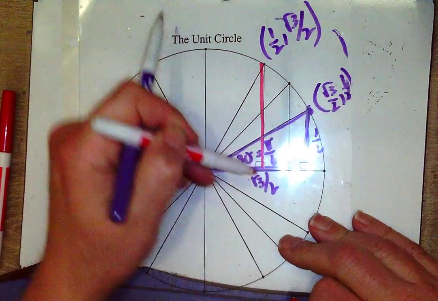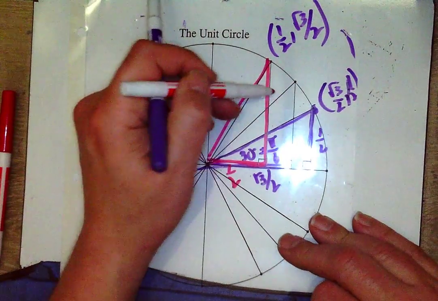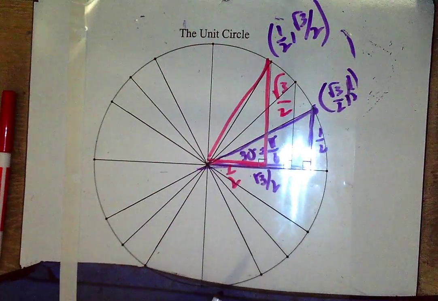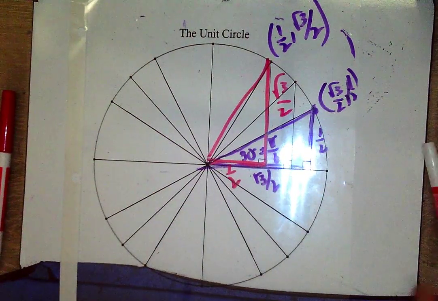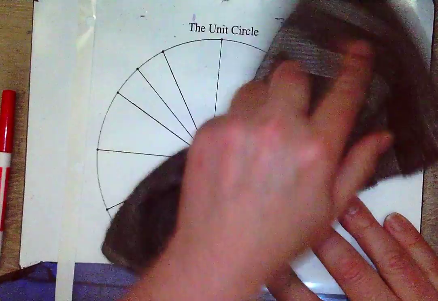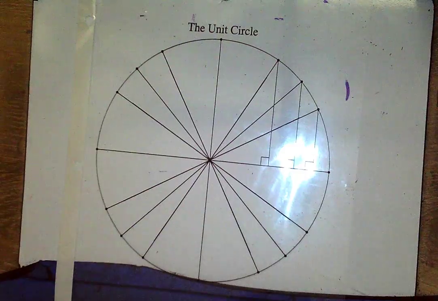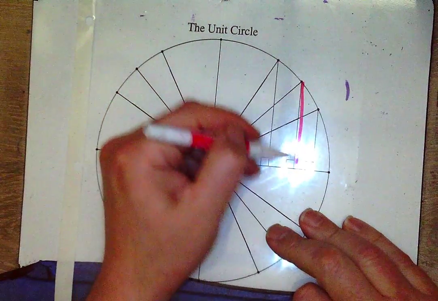Or, in this triangle, the short leg is 1/2, and the long leg is root 3 over 2. Okay?